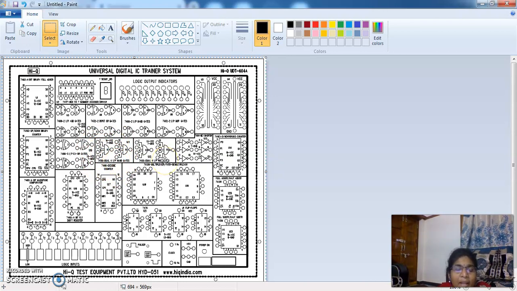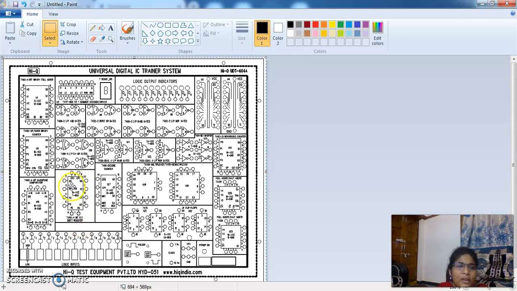Then again the next one is realization of flip-flops. For the JK flip-flop you can do it like that, and for the remaining you can take 2-input NAND gates. And then after that, for realization of the shift register, you have the shift register directly as an IC for 4 bit. See here, for the 4-bit right and left shift register we have IC 7495.